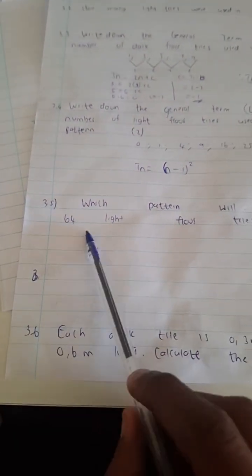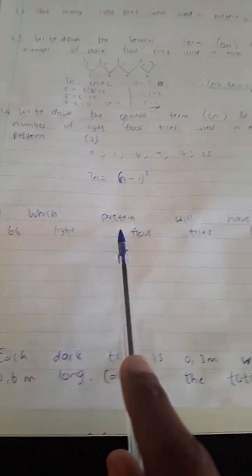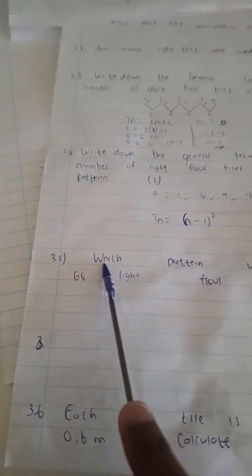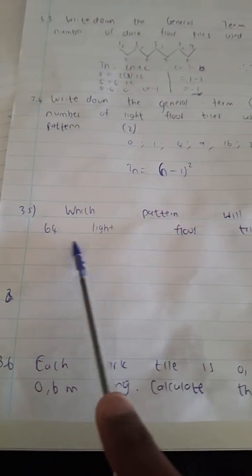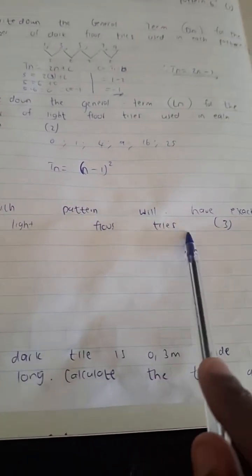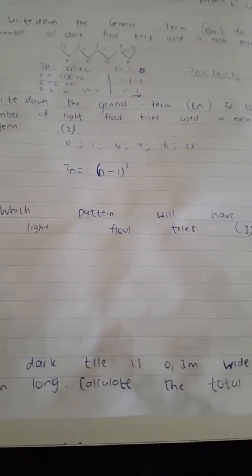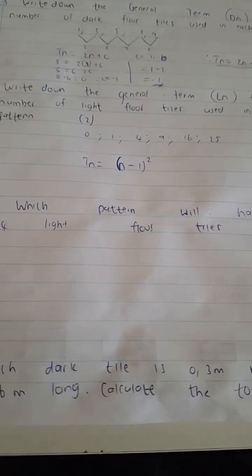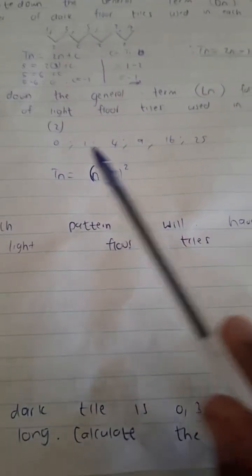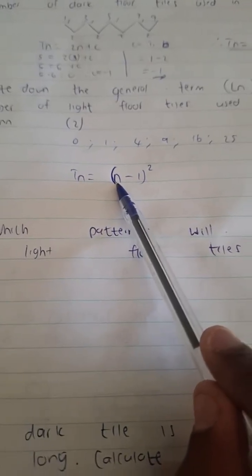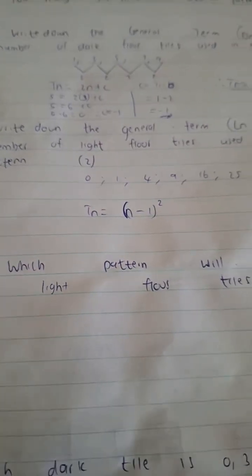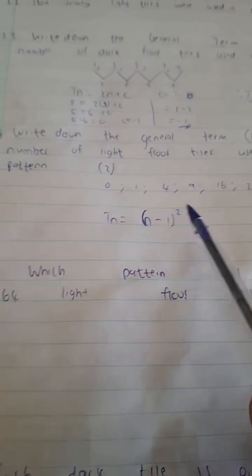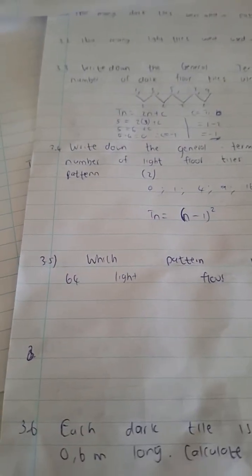So intuitively, as a grade 10 learner, it's something that you just need to know intuitively. Let's go on. Which pattern will have exactly 64 light floor tiles? So if you think about it, 9 minus 1 will give us 8. 8 squared will give us the 64 that we want.